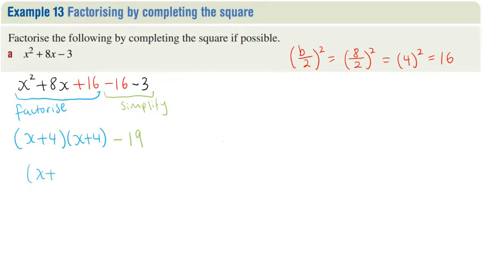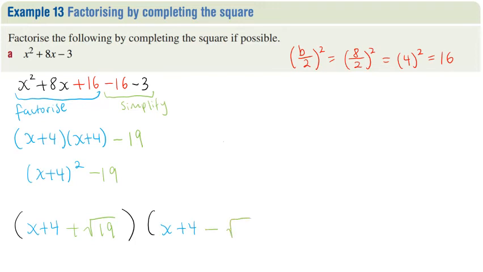X plus 4 squared minus 19. Then I factorise using dots. So my first bracket is the x plus 4, and I'll have plus square root 19. Then I'll have x plus 4 take square root 19.